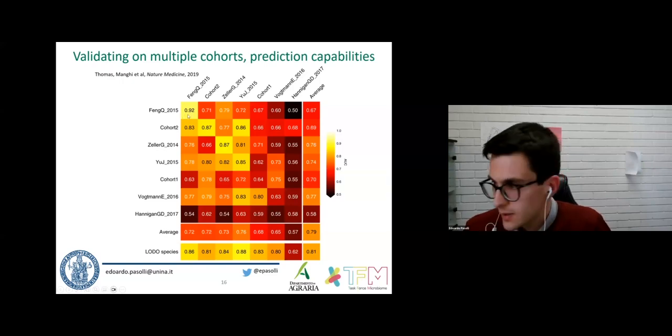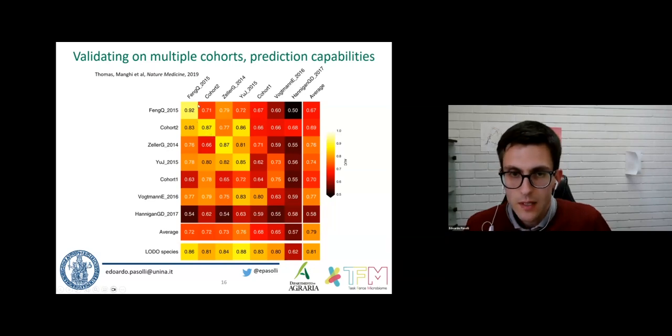We want to try to understand the meaning of this heat map. Here on the diagonal, we have the cross validation results, in which we are training and testing on the same data set, using a cross validation approach, which is the more common approach.